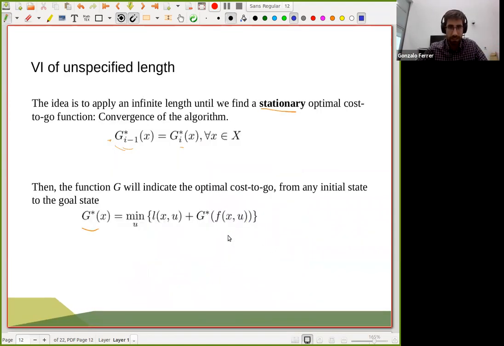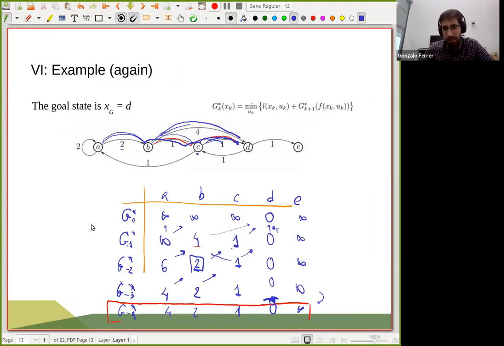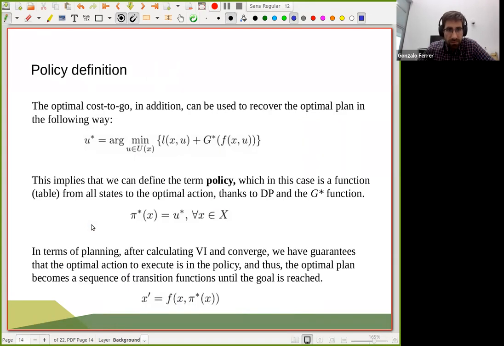This is a little what it's saying here, right? So once you get here, it doesn't matter what the index is, what the length is. And I think this is a very good property, right? Because then we can define exactly what the cost of just reaching the goal from any state is, in a very efficient way, by the way.